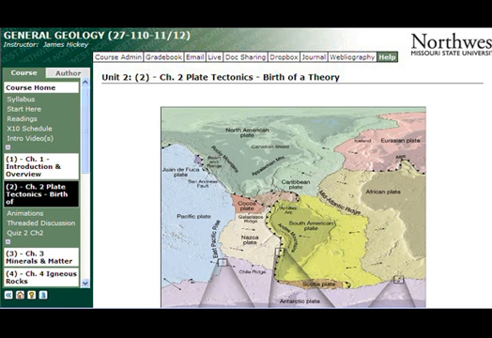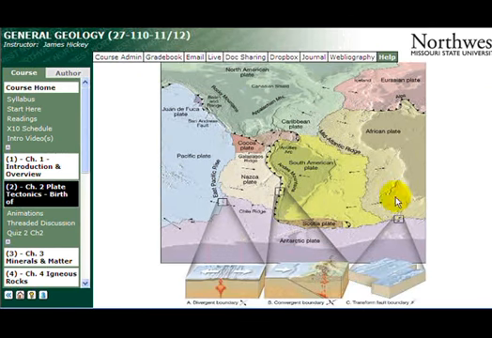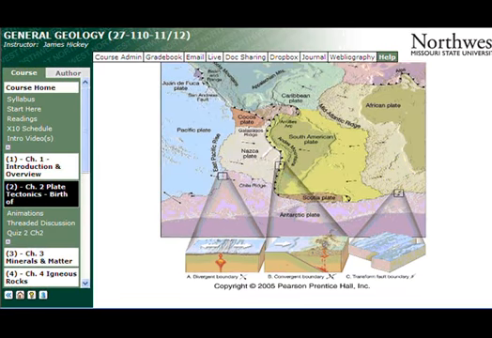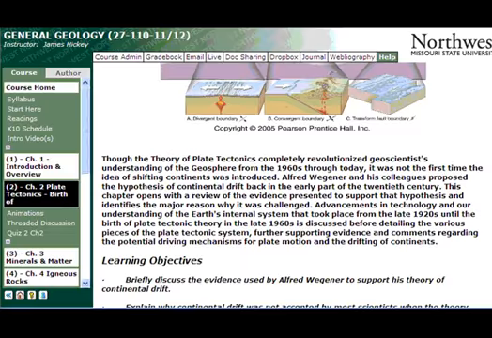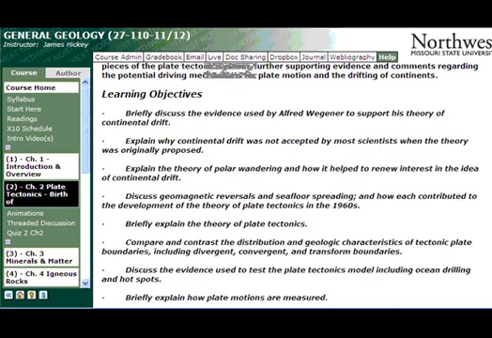The other thing I want to point out is when you click on the main link to Chapter 2, all the little sublinks open up and the main page opens. You see a nice little depiction of various plates and boundaries and what's going on at those boundaries. If we scroll up the image a little bit, it talks about the 3 different types of boundary settings associated with plate tectonics, and gives you a nice overview of the subject, the learning objectives, and all that.